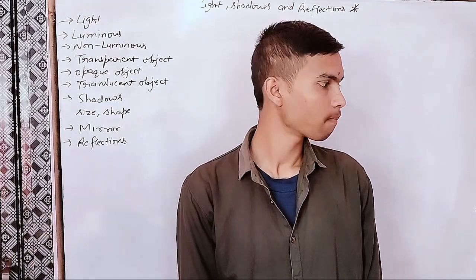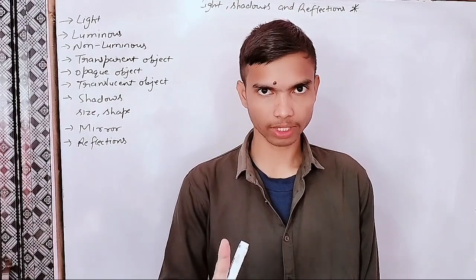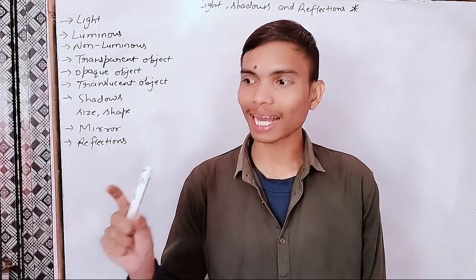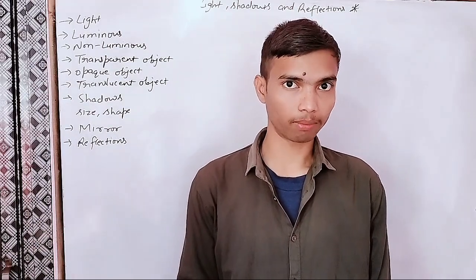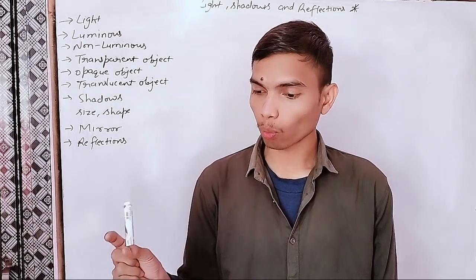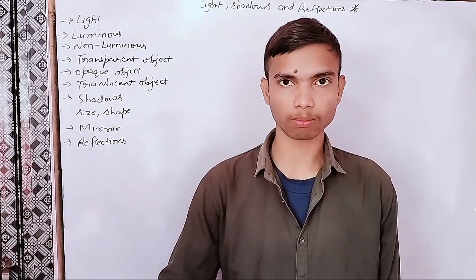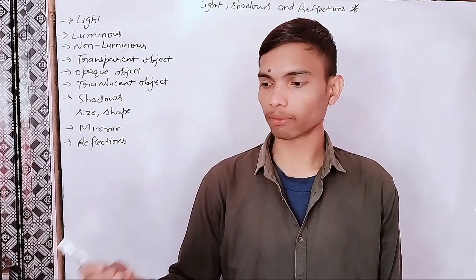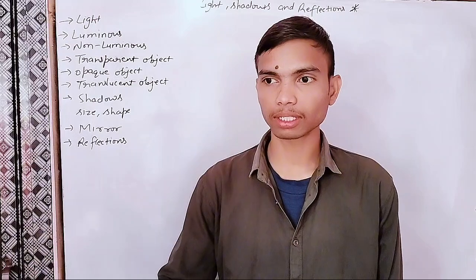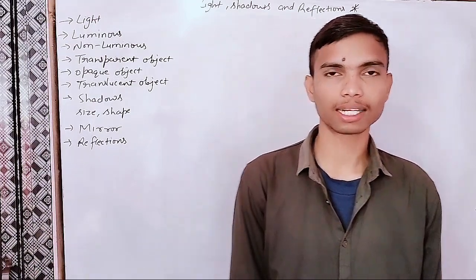Object means we can see, and second, we can touch. We are able to touch the materials, the things, and we can see. Of course, if we can touch, then we can see those things.